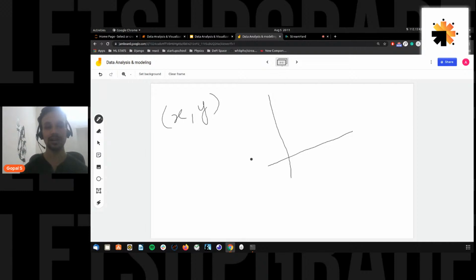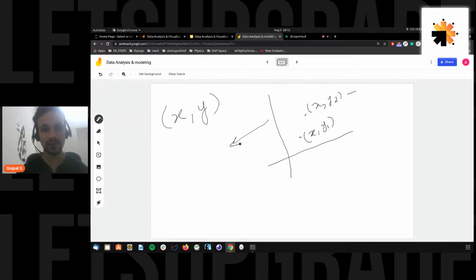How exactly did you do that? You just took the X value and Y value and plotted it out. Like this could be your x1, y1, and then this could be your x2, y2, and so on and so forth.